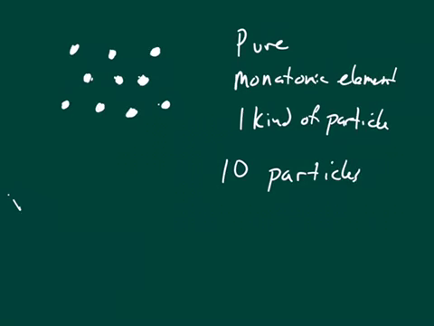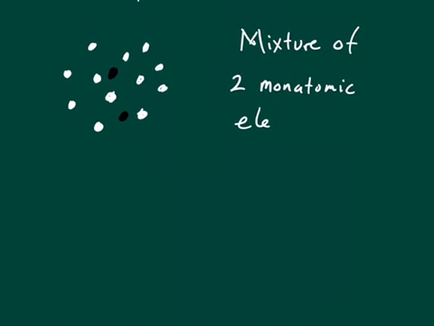All right, and now last, here we have a mixture. This would be a mixture of two monatomic elements. So this is two kinds of particle.